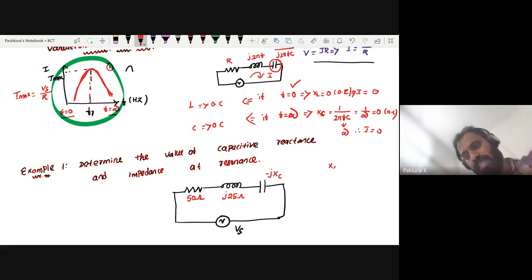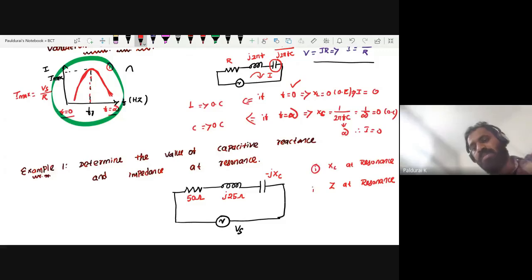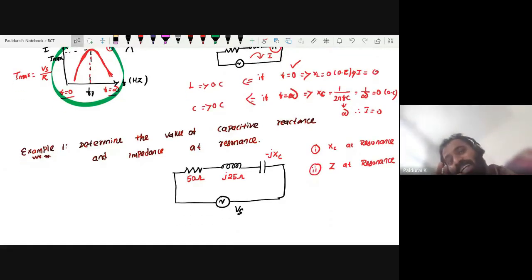First one is XC at resonance, and second one is the impedance at resonance. What's the condition for resonance? Just think and let me know the answer from the given things.